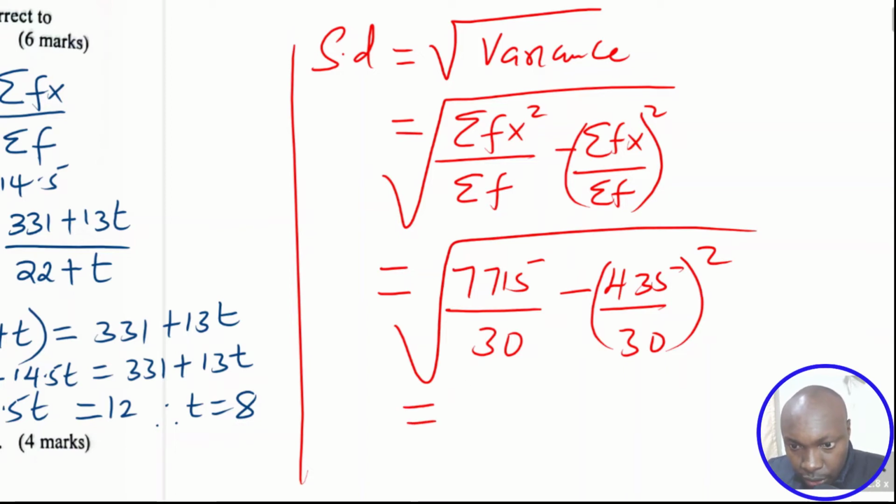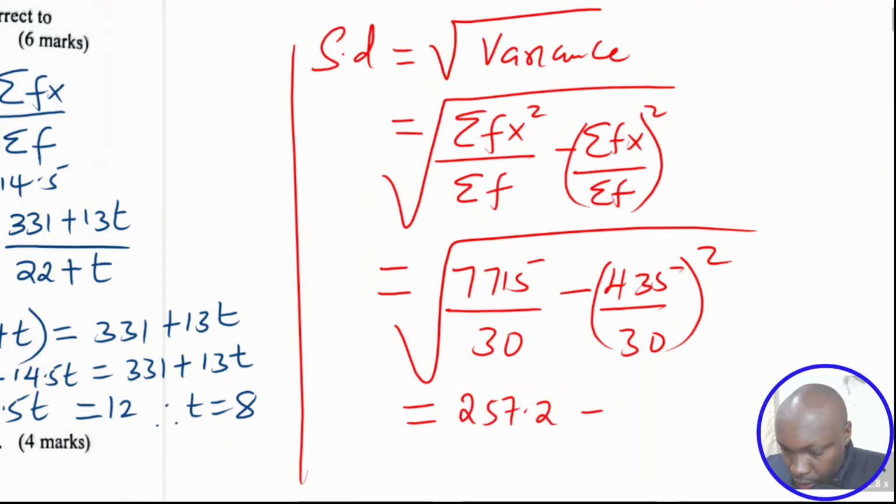So this one will give 7715 divided by 30, which will give 257.2.